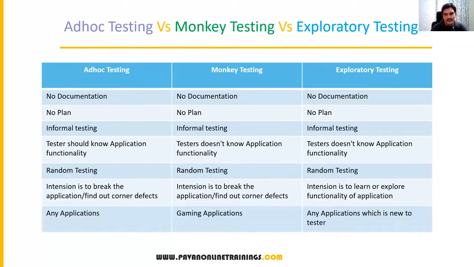Because I'm a tester, I have an application, I don't know any functionality of the application, then exploratory testing will be done. Explore the functionalities, identify all the scenarios, and use those scenarios for testing. So these are the similarities and differences between ad hoc testing, monkey testing, and exploratory testing.